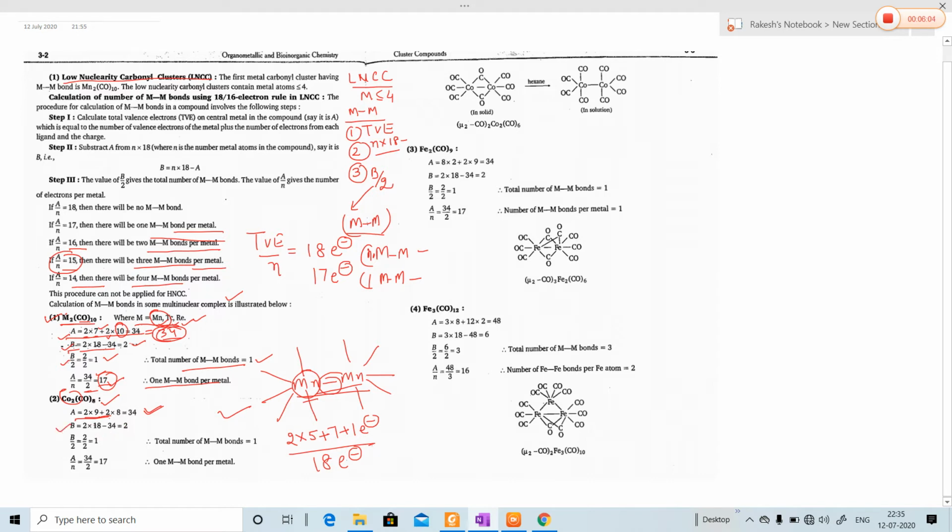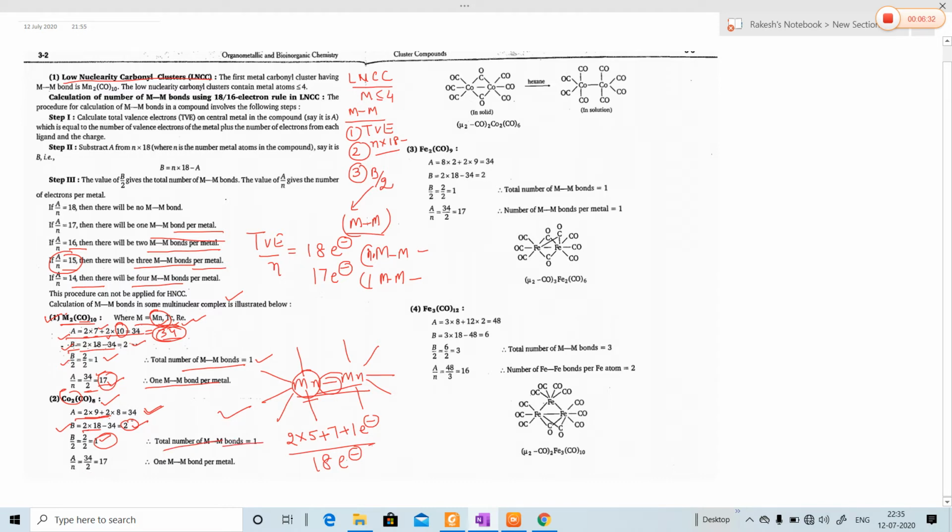In the second step, n into 18, where n means number of metal atoms. There are 2 into 18 minus 34, which is equal to 2. That is the value of B. When we divide this B by 2, it will result 1. It means there is one metal-metal bond in the complex.